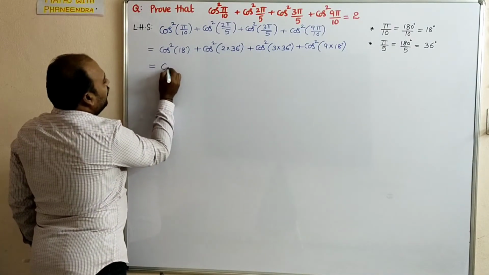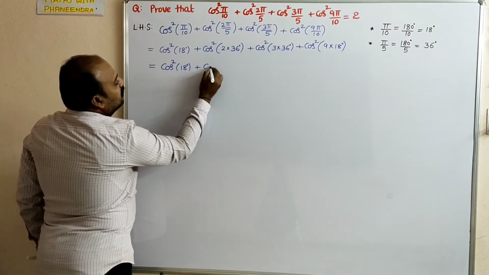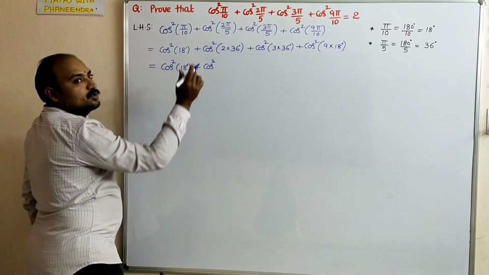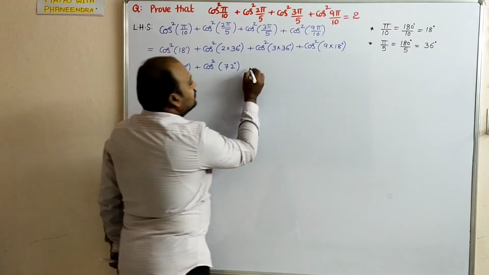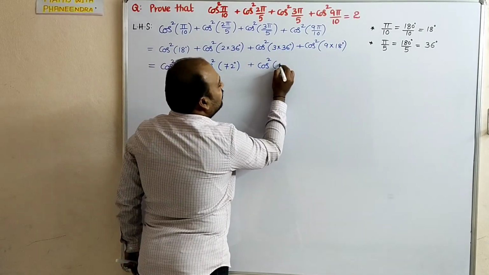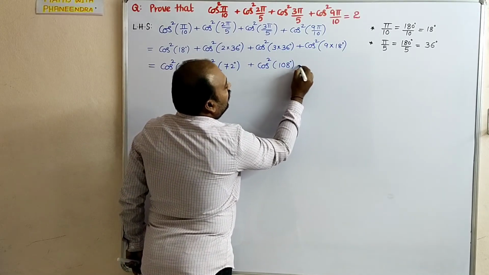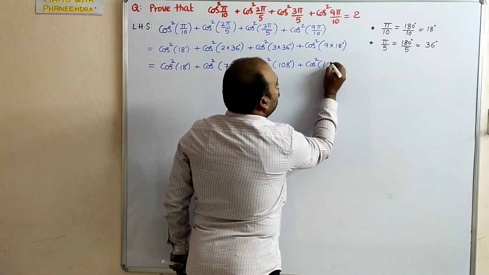Cos square 18 plus cos square 36 2s are 72 degrees plus cos square of 36 3s are 108 plus cos square of 18 9s are 162.